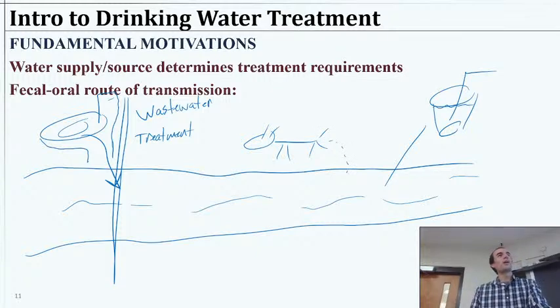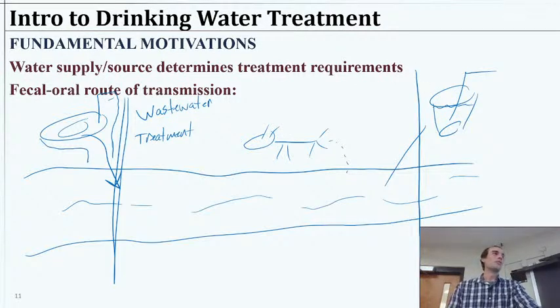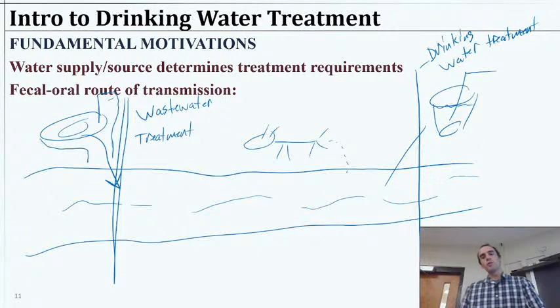So there's quite a few reasons, and you can see why I'm an excellent artist here and probably won't continue to draw things for you. But you can see why we need another barrier, right? And this is our drinking water treatment. So this would be potable water treatment or drinking water, whatever you want to call it. Okay, so we are now motivated by the stick figures to treat our drinking water, which was already obvious.